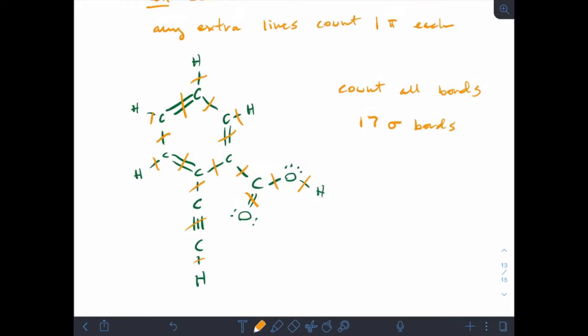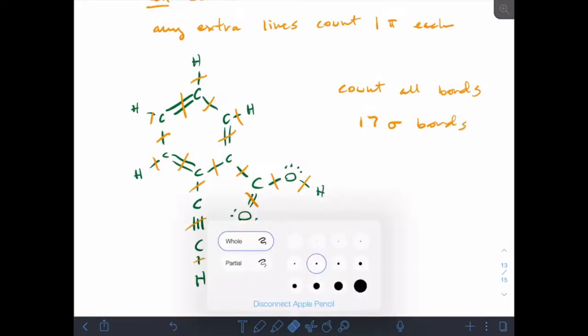Okay, so now I'm going to back up here. Sigma bonds. See if I can delicately erase things to clean things up, especially in our double bond places. Double and triple bonds. Okay, so any place that you have an extra line counts for a pi bond.